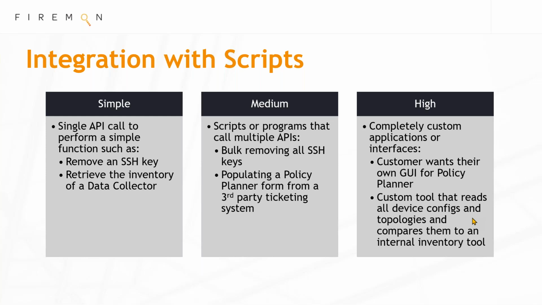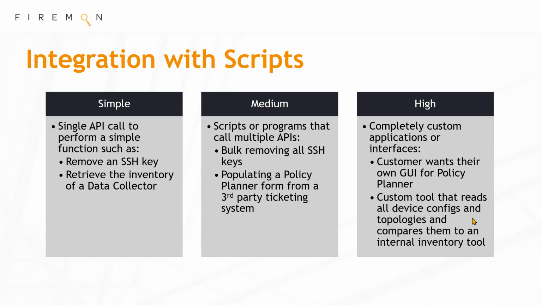We have some customers who have built their own completely custom GUI for Policy Planner tickets. They have a GUI that sits on a website on their corporate web. Users access that to request change tickets. Policy Planner in the background is contacted by API, runs pre-change assessments, decides which tickets are going to be pre-approved, and goes ahead and implements them.